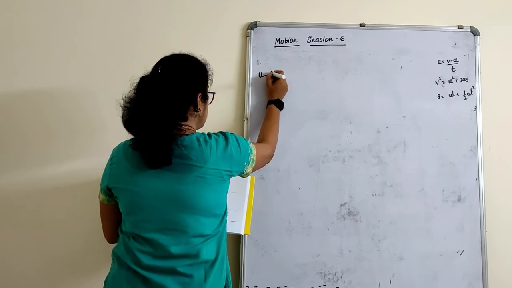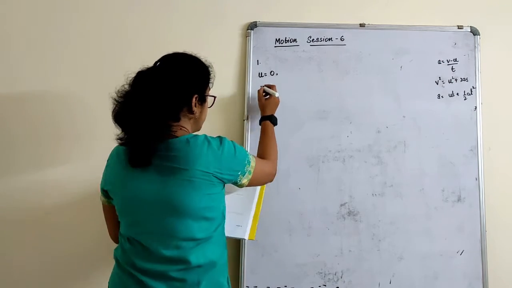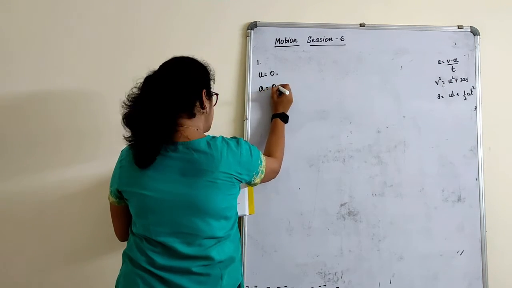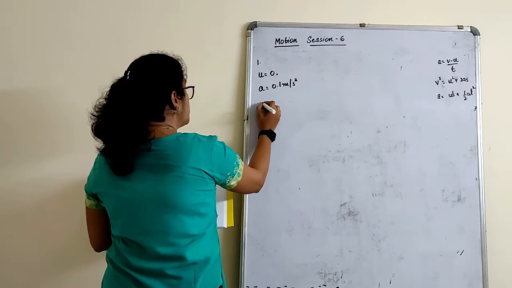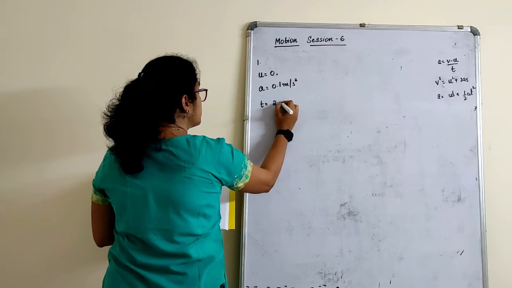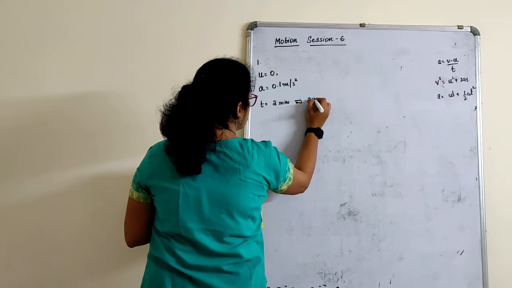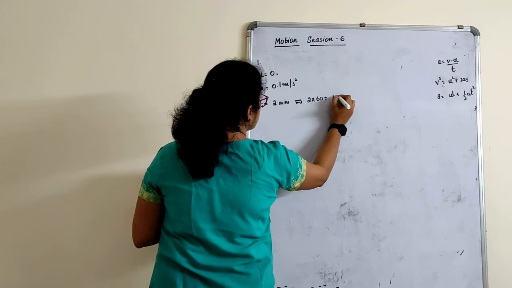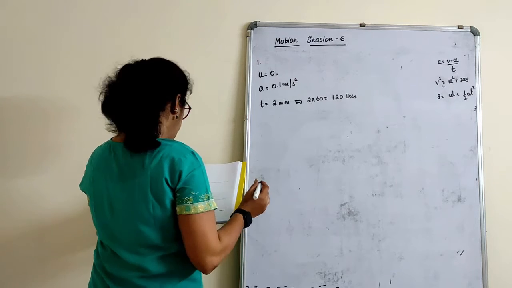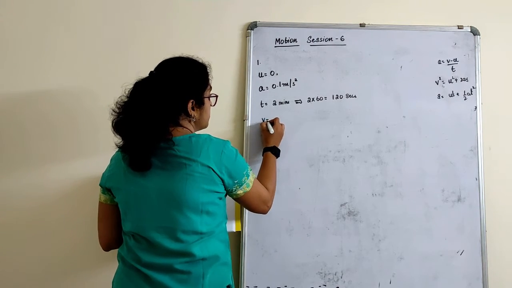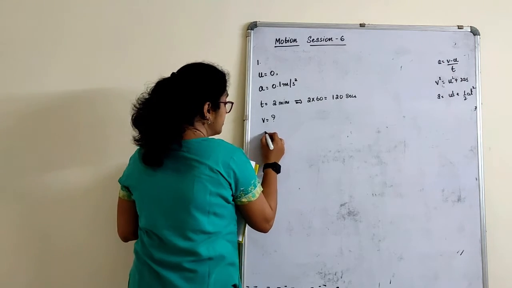A bus starting from rest moves with a uniform acceleration which is given as 0.1 meters per second square for 2 minutes. So 2 into 60, 120 seconds. Find the speed acquired, that is the final velocity acquired, and find the distance traveled.